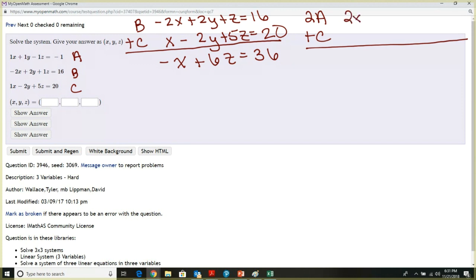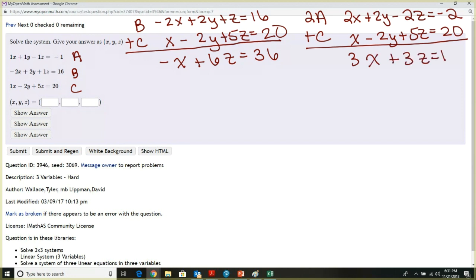That would give me 2x plus 2y minus 2z equals negative 2. I just multiplied everything in a by the number 2. Now remember, c was x minus 2y plus 5z equals 20. So now when we add these together, the y's cancel again. So 2 plus 1 is 3, 5 minus 2 is 3, 20 minus 2 is 18.